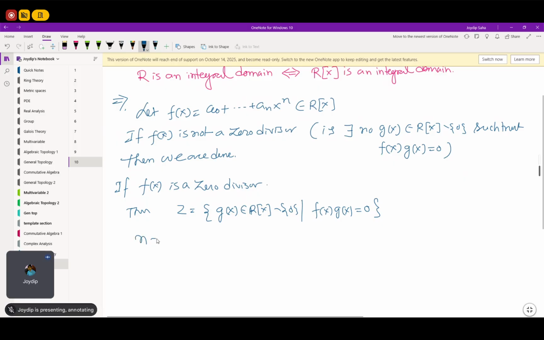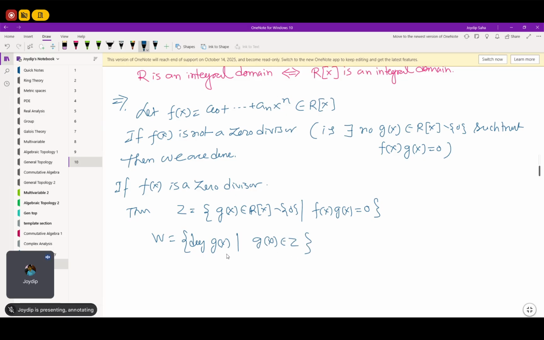Take W equal to the set of n such that n is the degree of g(x), as g(x) belongs to Z.